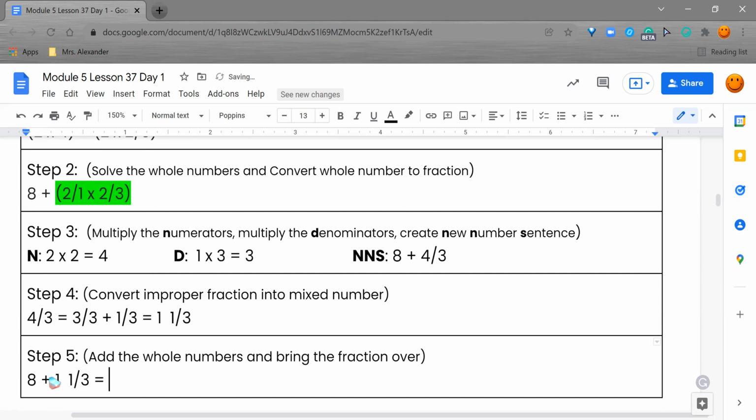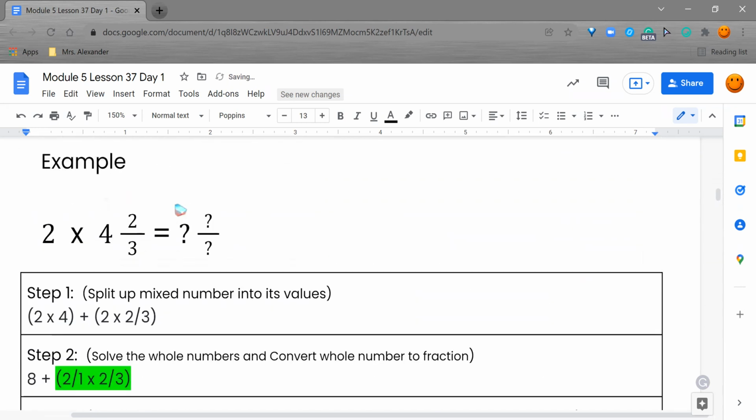When we do that, my 1/3 comes along because I have no other fraction to add it to. So I need to do 8 plus 1, which gets 9. So there's the answer to that one, and I'm going to put it in right up here. And now it is time to look at one more problem.